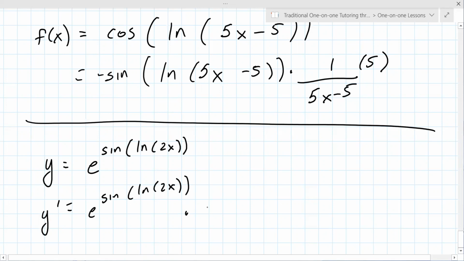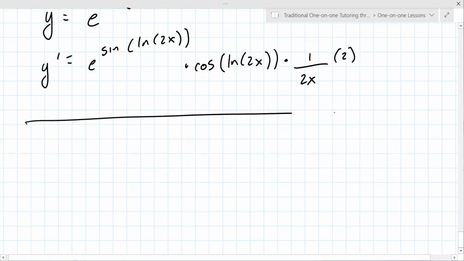Then the derivative of sine is cosine. Then you write the derivative of the inside. No, well, then you have to keep the inside. Keep the inside. Times the derivative of ln, 1 over 2x. Then times 2. Yeah, 2.